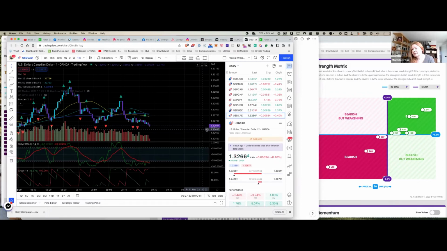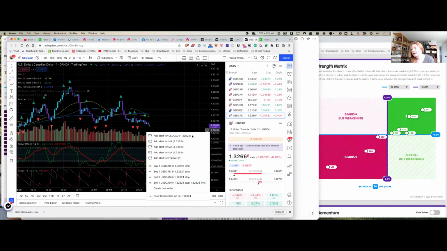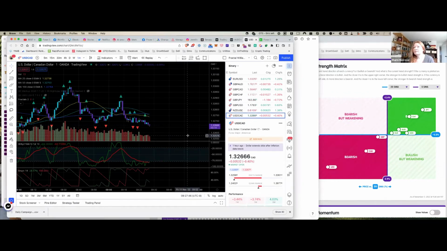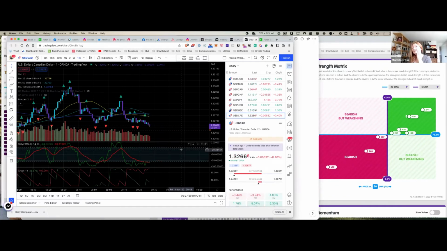I'm trying to get to that bottom right there. Okay. So we set an alarm for this bottom area, right? Okay. So this is another target it could be going for.